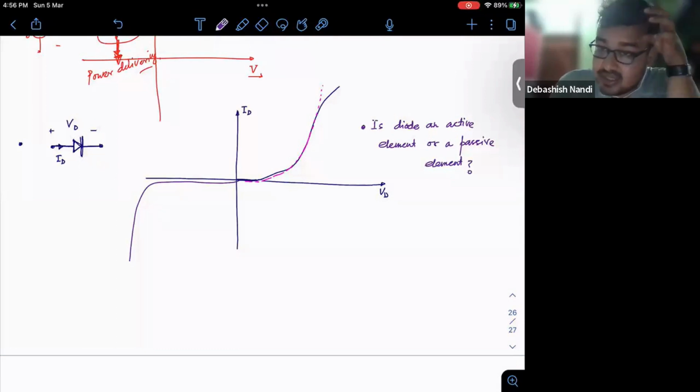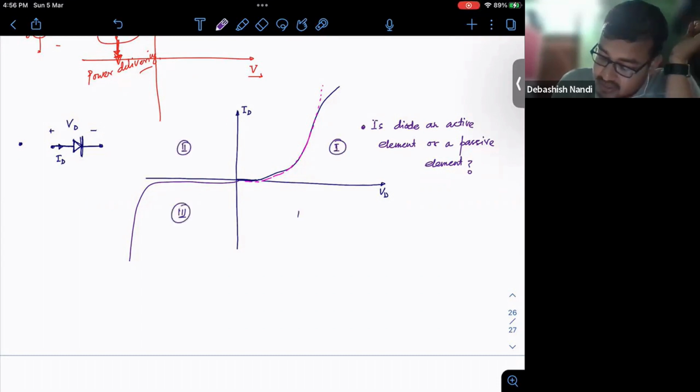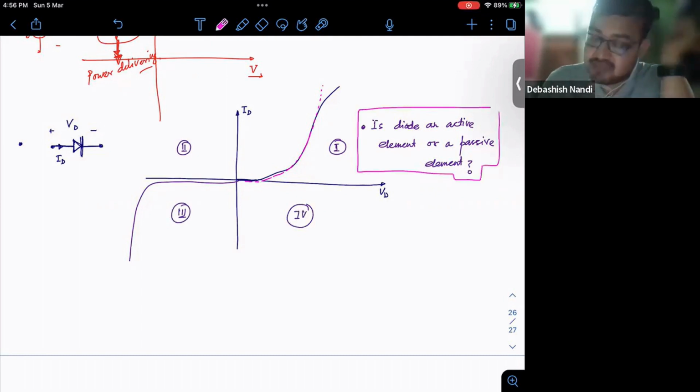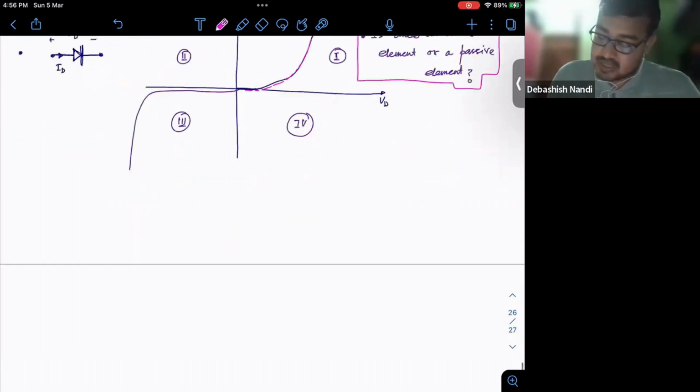Remember that it has its characteristics only in the first and third quadrant. This is a question I will ask again in the next session. I want you to find out and give me the answer. This is a homework assignment for you.